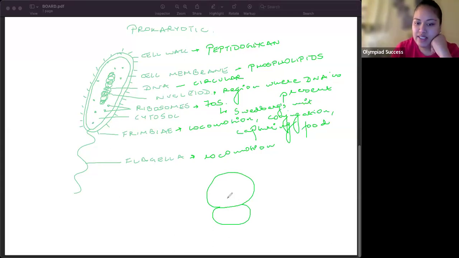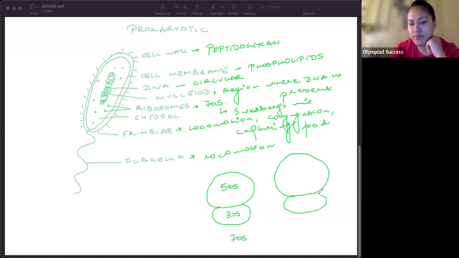So in a 70S ribosome, in the large subunit, we have 50S amount of proteins, and this is 30S. This is your 70S ribosome, only found in prokaryotes and certain organelles inside the eukaryotes, like mitochondria and plastids. Whereas in eukaryotes, you will have a larger ribosome.